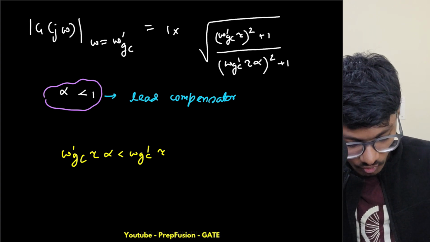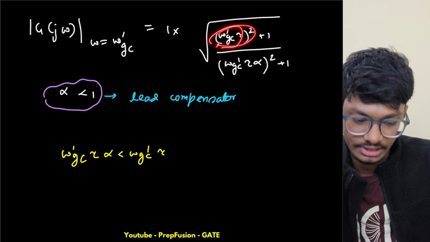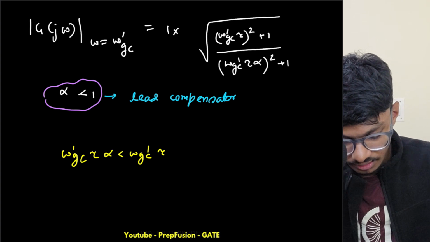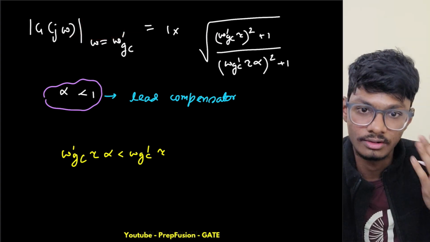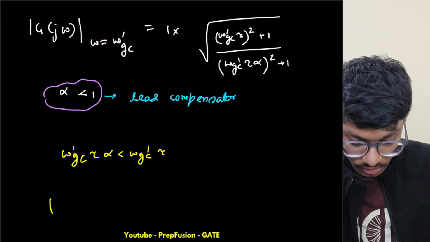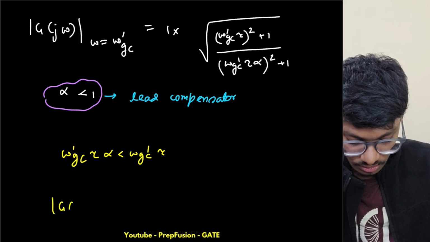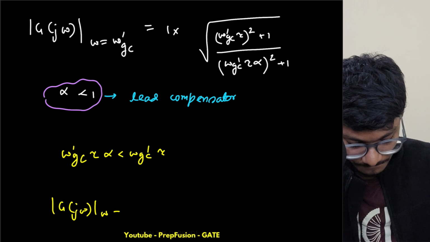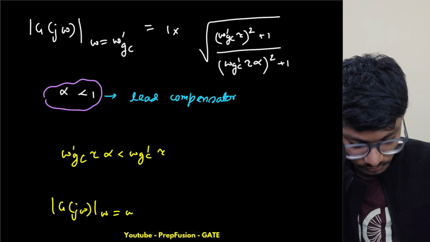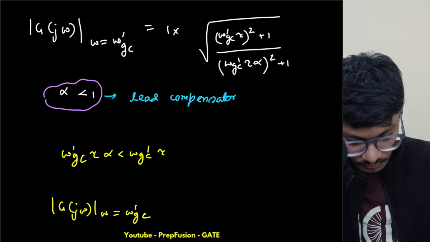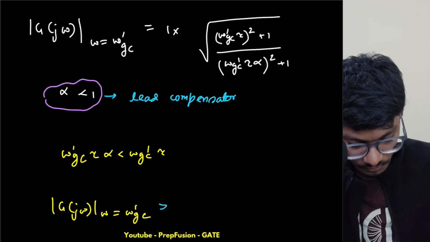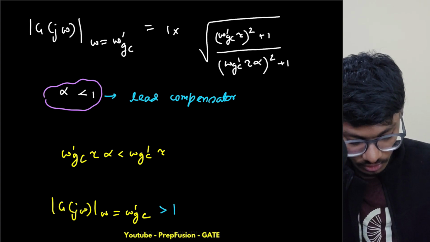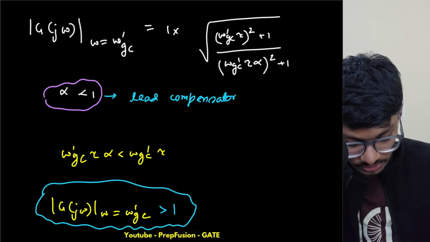That means overall this is higher. So if this is higher, overall this gain will be something more than 1. Okay, so this is not the actual gain crossover frequency.